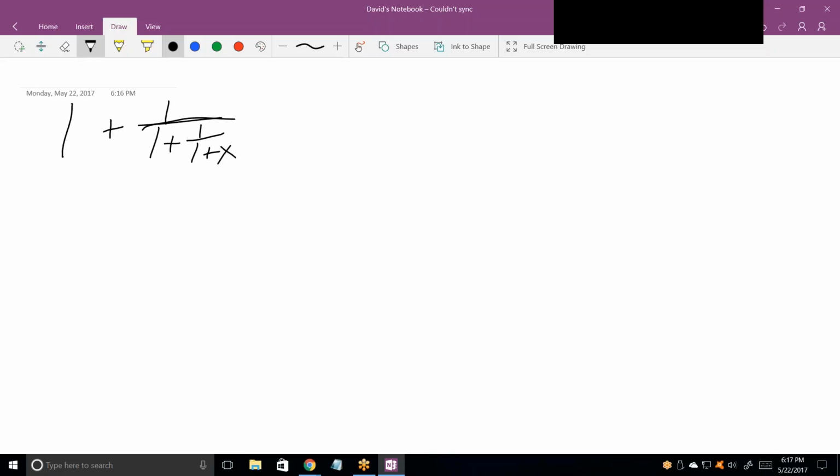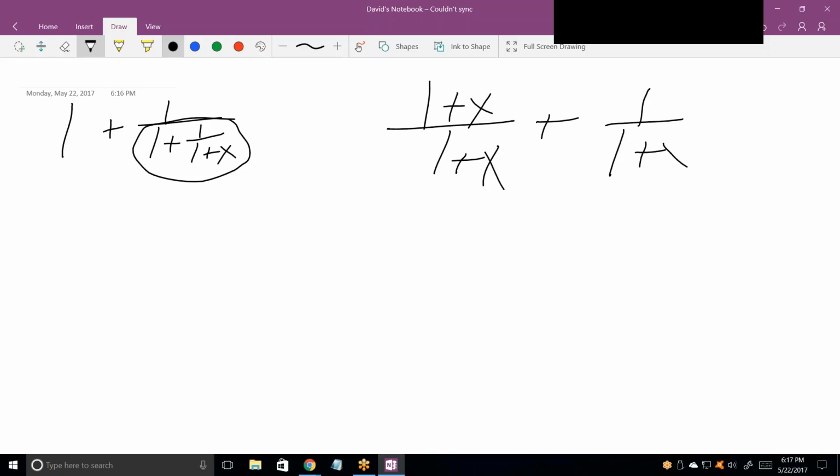So that's the first thing we're going to solve. What's that equal to? 1 plus x over 1 plus x plus 1 over 1 plus x. Which is? x plus 2, or 2 plus x, whichever. x plus 2 over x plus 1.